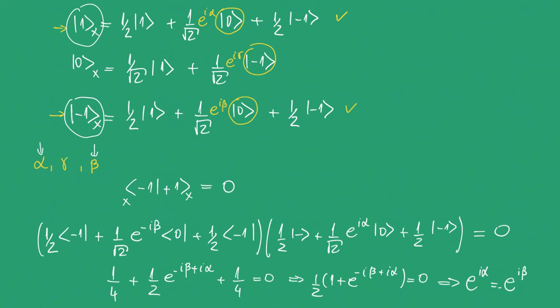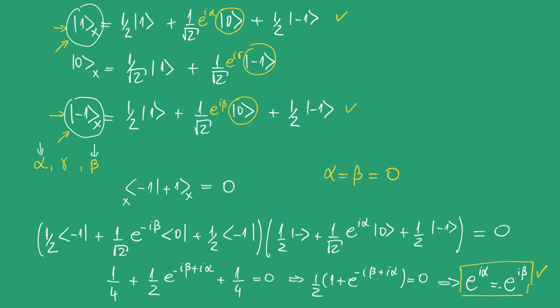In order to have these two input states being orthogonal to each other, alpha and beta must follow this relationship right here. The natural choice would be alpha equals beta equals 0.